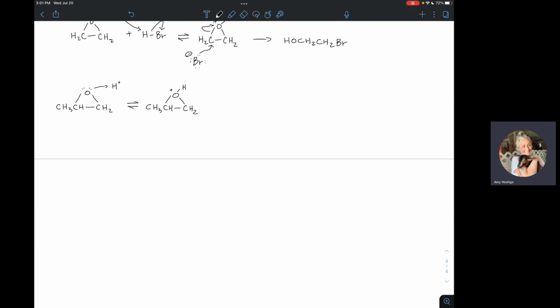So now this is really ready to be attacked by a nucleophile. It's so reactive that I can use something really weak like water or methanol, for example. Let's use methanol. And I'm going to use the lone pairs of electrons on the oxygen to do the attacking. So that's going to be my nucleophile.